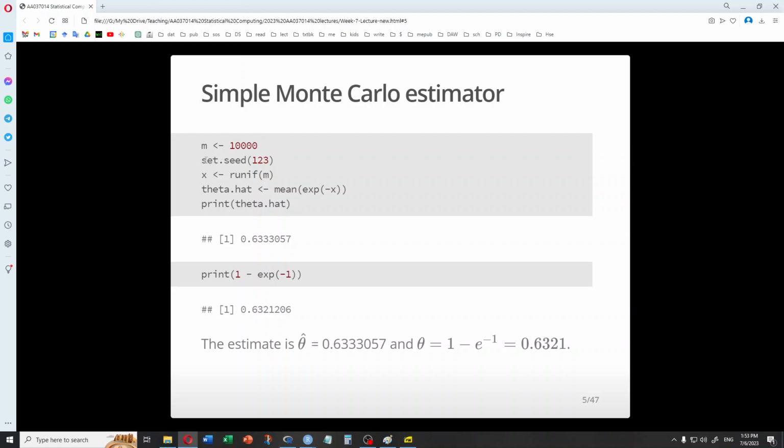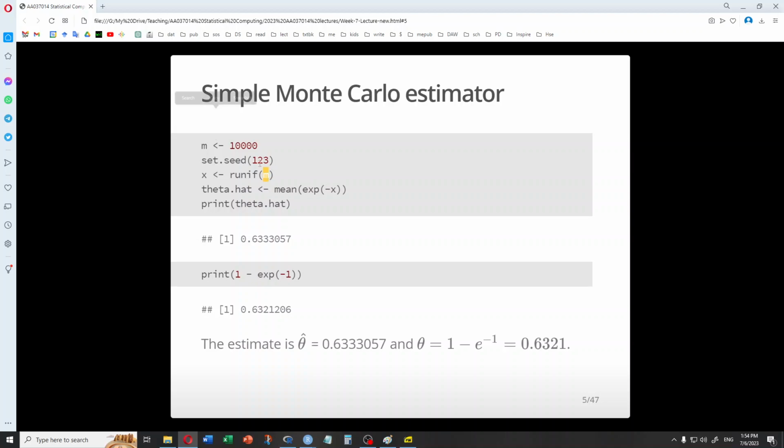And then first, to make sure that your result will be similar to mine, we use the same seed. In this case, I just use set.seed of 1, 2, 3. And then next we want to generate the random number x, where x is given by runif of m, where runif is the default command to produce random numbers from the uniform distribution.